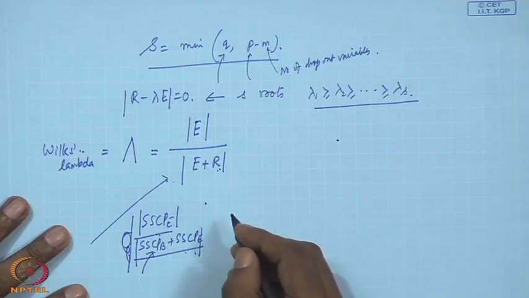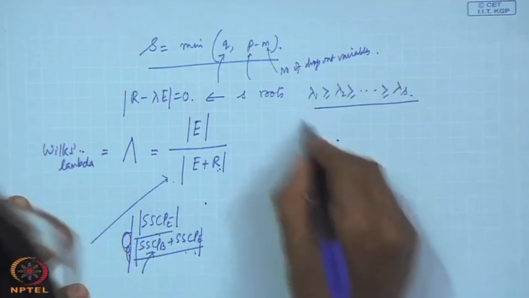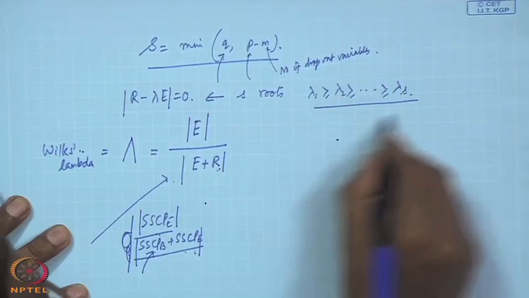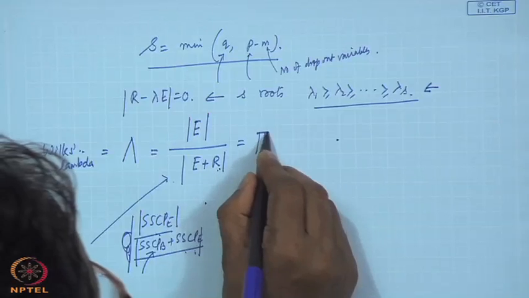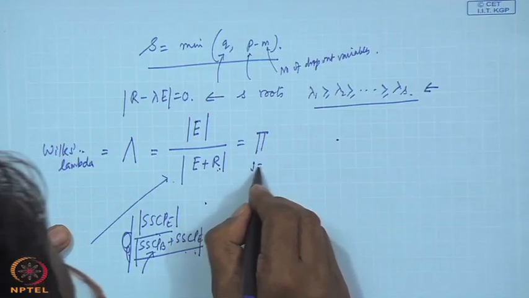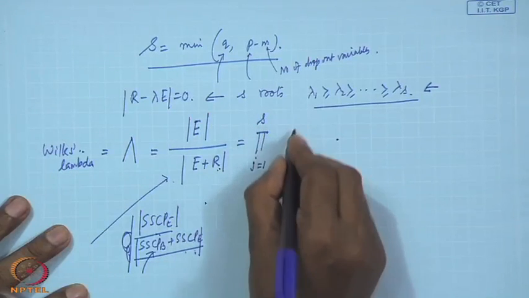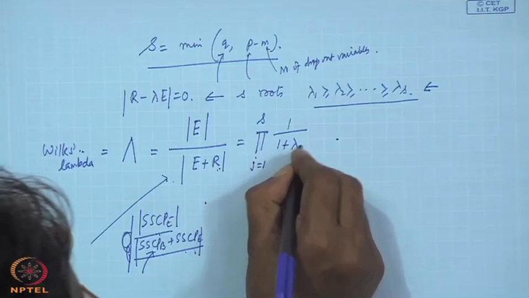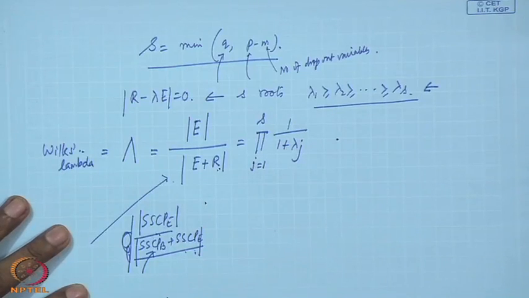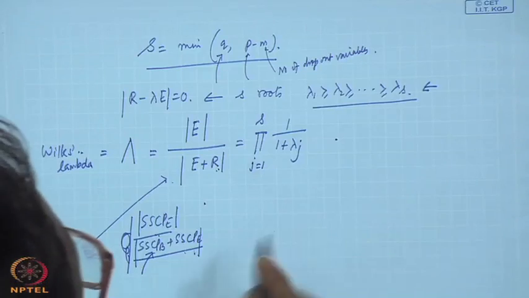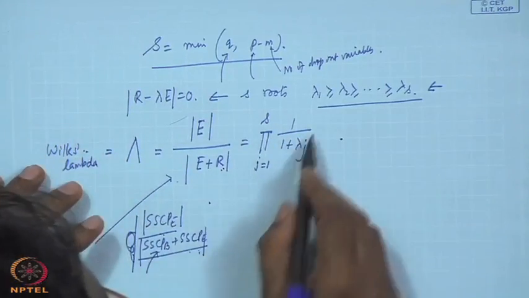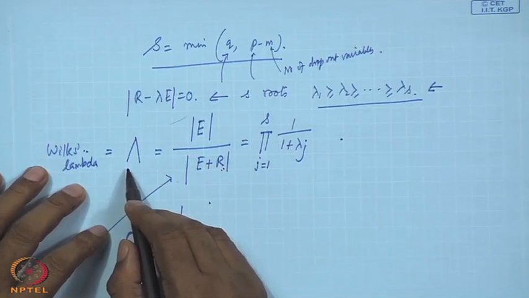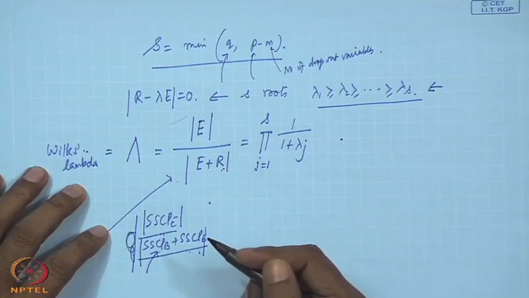When you define this in terms of your eigenvalues, it will be the product over j equal to 1 to S of 1 by 1 plus lambda j. Okay. So what you require is to find this equation, then find the lambda values, and you will be able to find the Wilks lambda values also, small lambda, capital lambda.